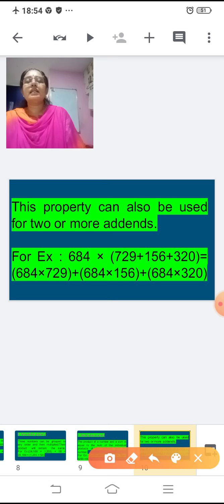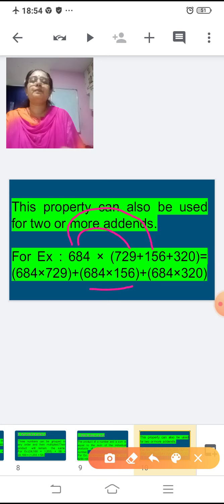So what you will do is, this number 684, first you will multiply it by 729, then 684 multiplied by 156, and the third number, 684 multiplied by 320. And then add it. Or you can also first add all the numbers in the brackets and then multiply by 684. Your answer will remain the same.